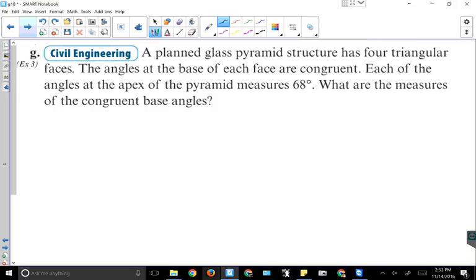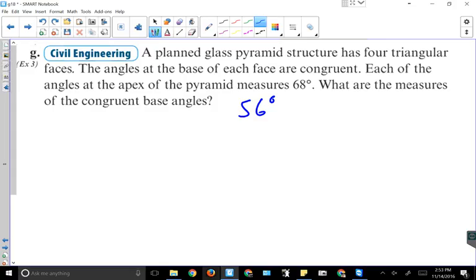Okay. So what do you figure that the measures of the base angles are? Okay. So I'm going to draw it out and see what we've got here.